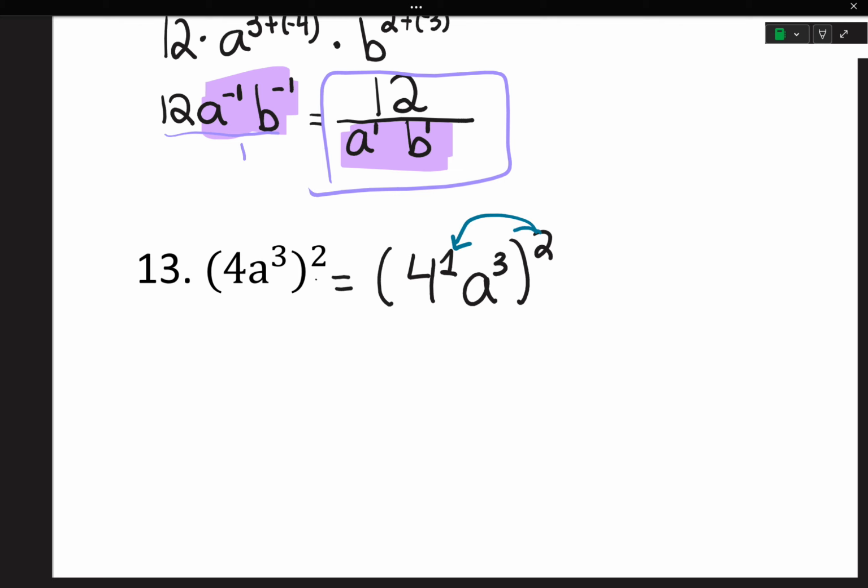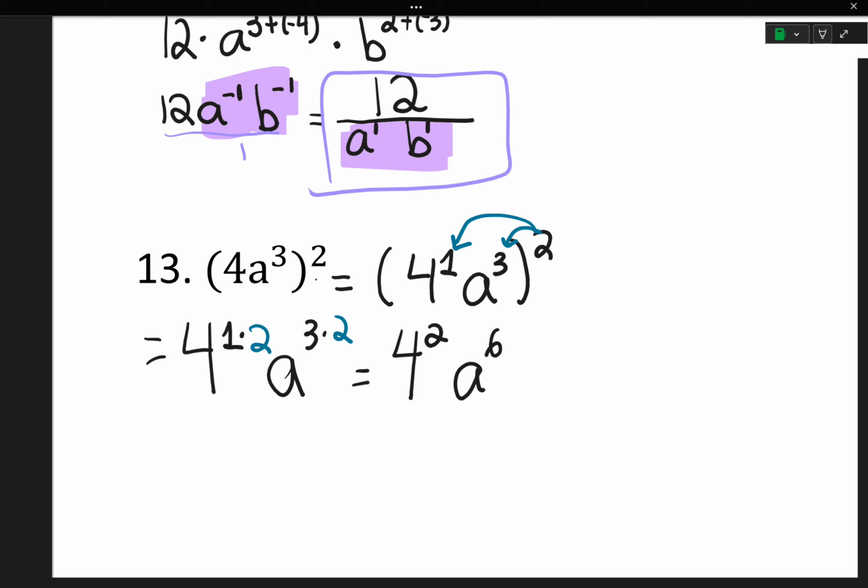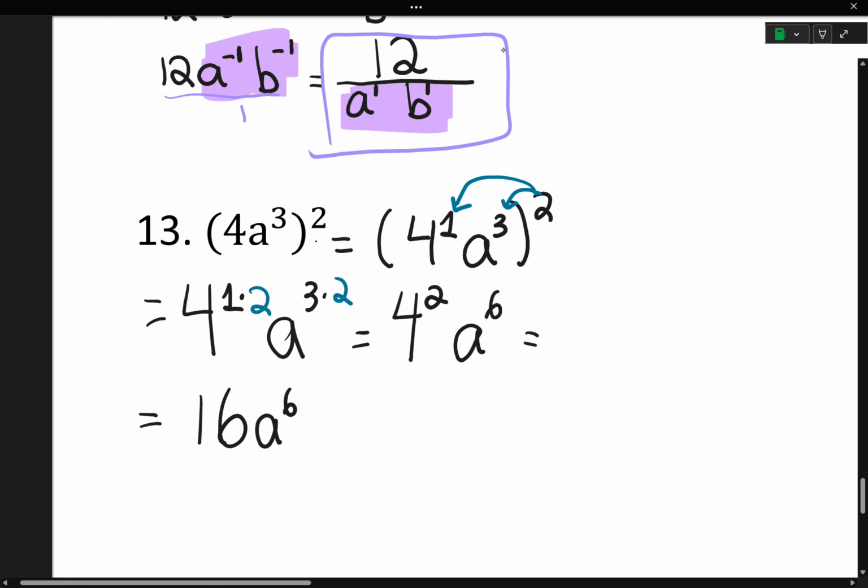So let's see what we get. We get 4 to the power of 1 times 2 and 8 to the power of 3 times 2. 1 times 2 is 2, and 3 times 2 is 6. I can't do anything with 8 to the 6th, however, 4 to the power of 2 is 16. So my final answer is 16 times 8 to the power of 6.